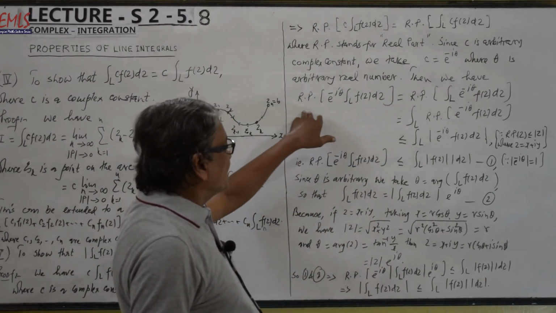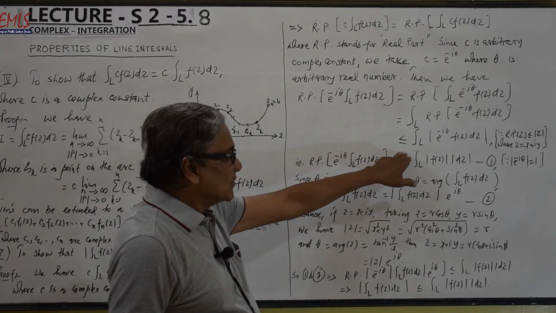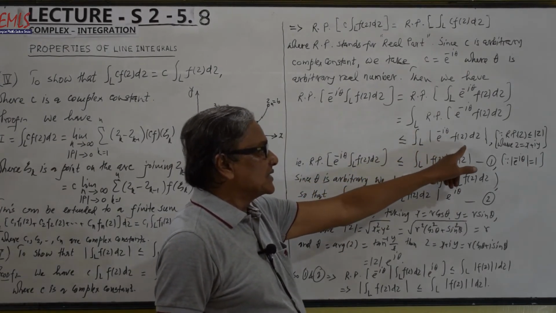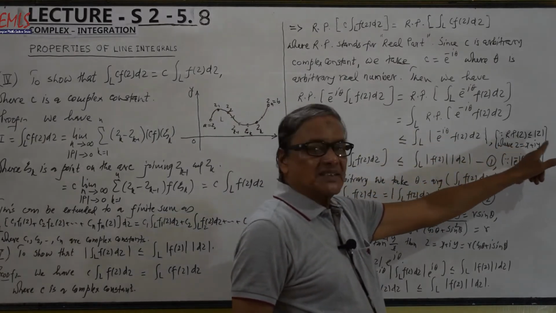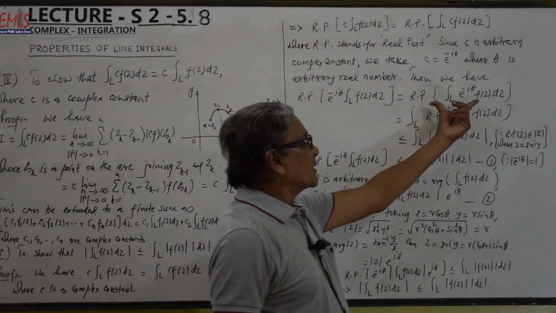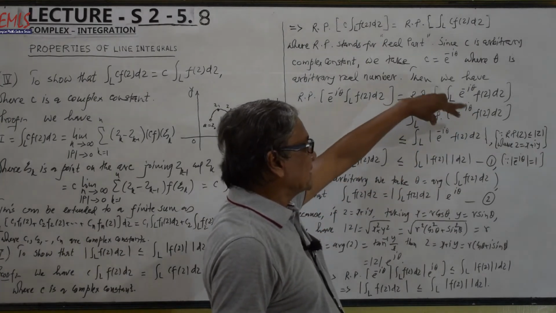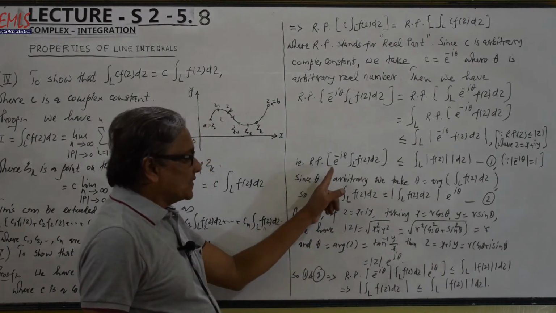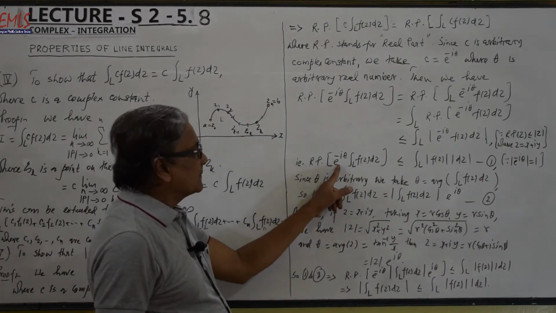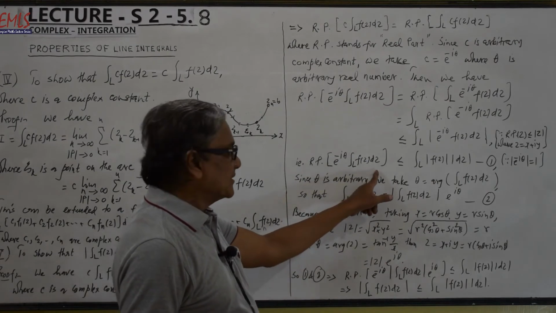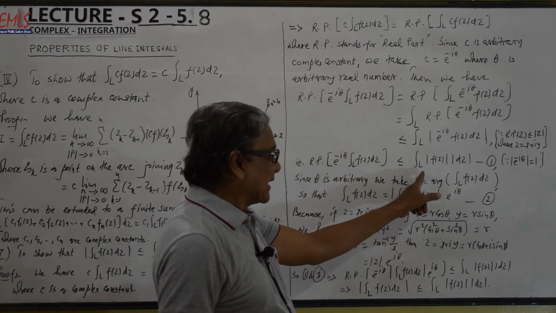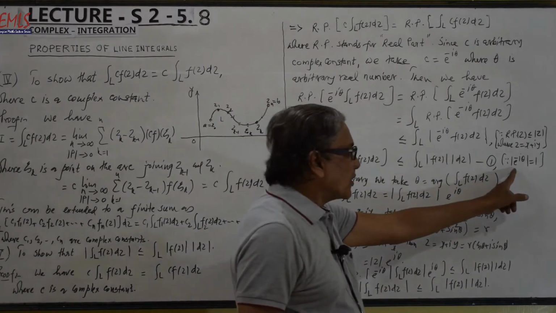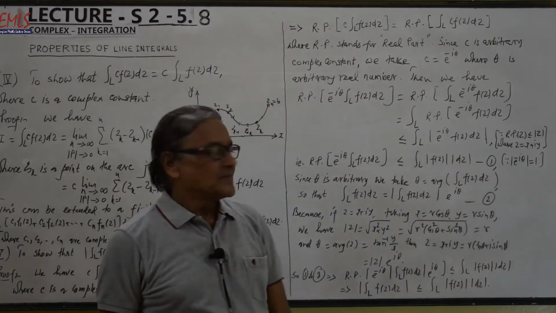So this real part is less than or equal to integral over L mod of e to power minus i theta f(z) dz, since real part of z is less than or equal to mod z. So real part of this will be less than or equal to modulus of this entire thing. So real part of e to power minus i theta integral over L f(z) dz will be less than or equal to integral over L mod f(z) mod dz. Call this number 1, because mod of e to power minus i theta is 1.